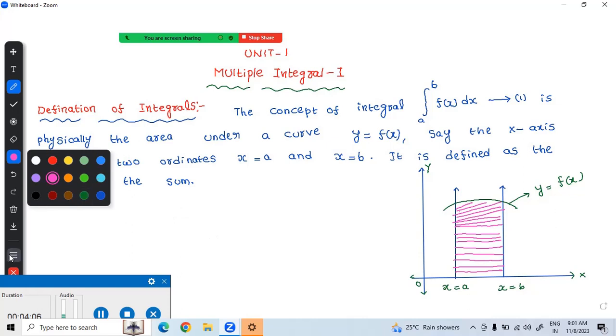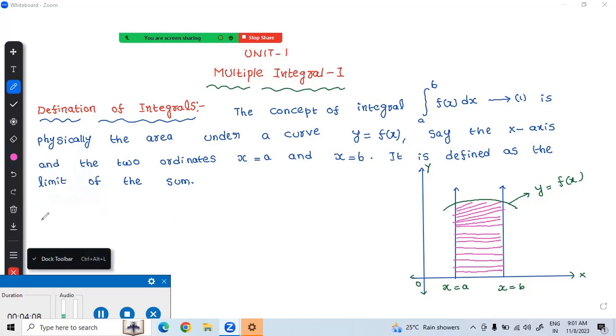So the integral is written as the limit of the sum: f of x1 delta x1 plus f of x2 delta x2 plus and so on, f of xn delta xn.